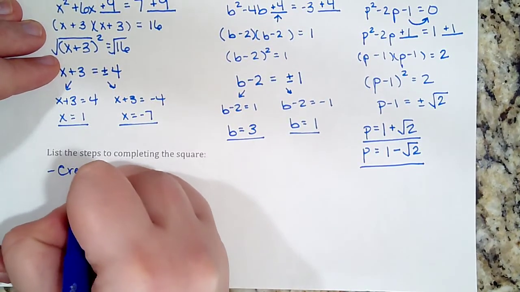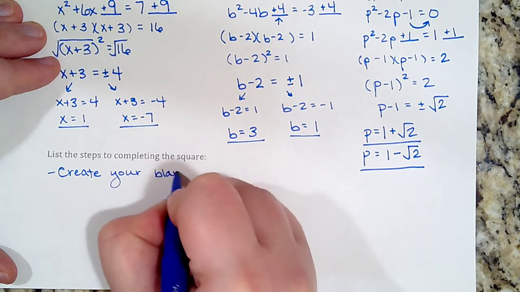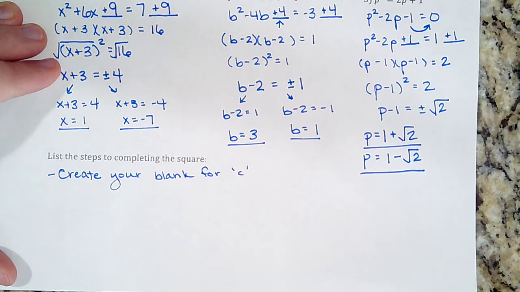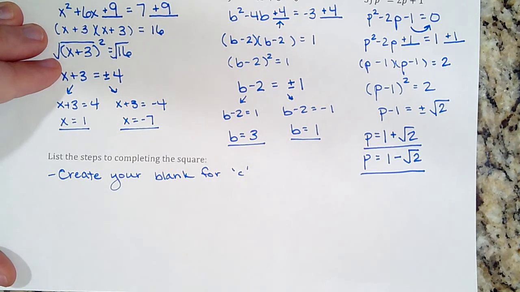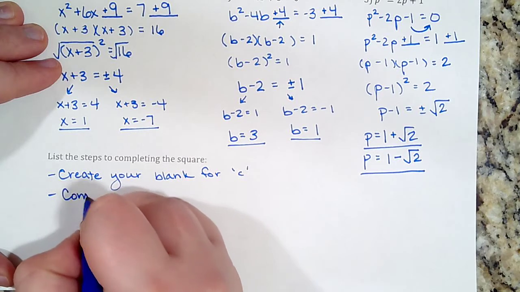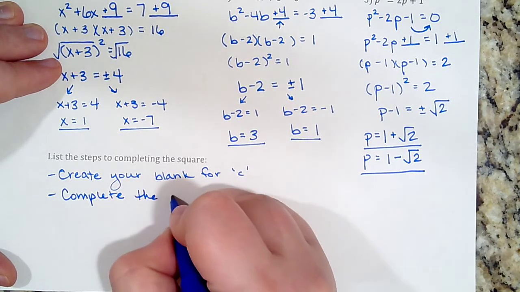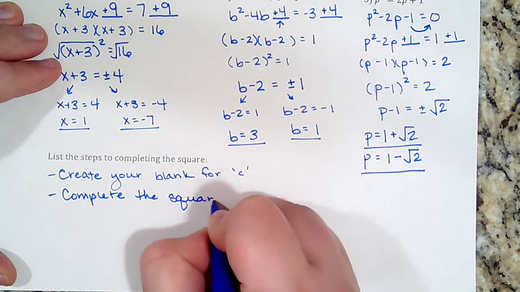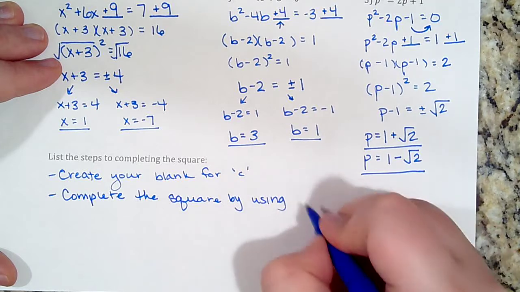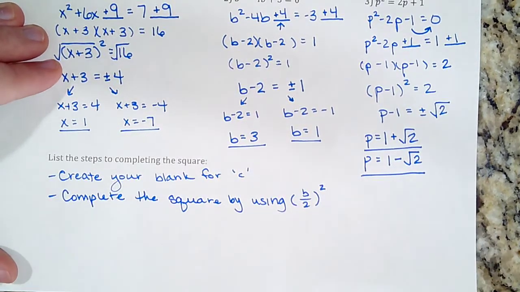So create your blank for C. And that C is the third number in our equation. Once we've done that, we complete the square. We figure out what goes into C. Complete the square by using, I'm even going to give you a little extra, b over 2 squared.